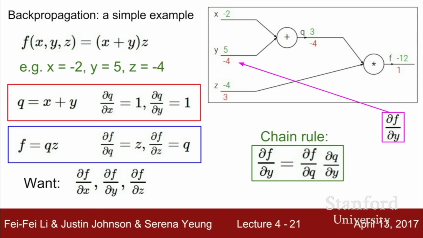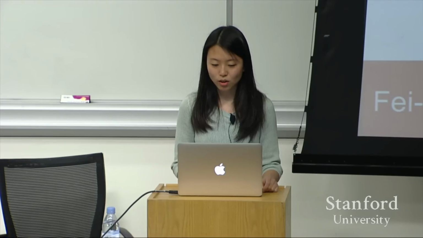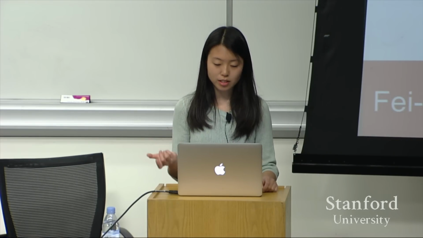The intuition of this is that in order to find the effect of y on f, this is equivalent to taking the effect of q on f, which we already know, df over dq is equal to -4, and compounding it with the effect of y on q, dq over dy. So what's dq over dy equal to in this case? 1. Right, exactly. So dq over dy is equal to 1, which means if we change y by a little bit, q is going to change by approximately the same amount.